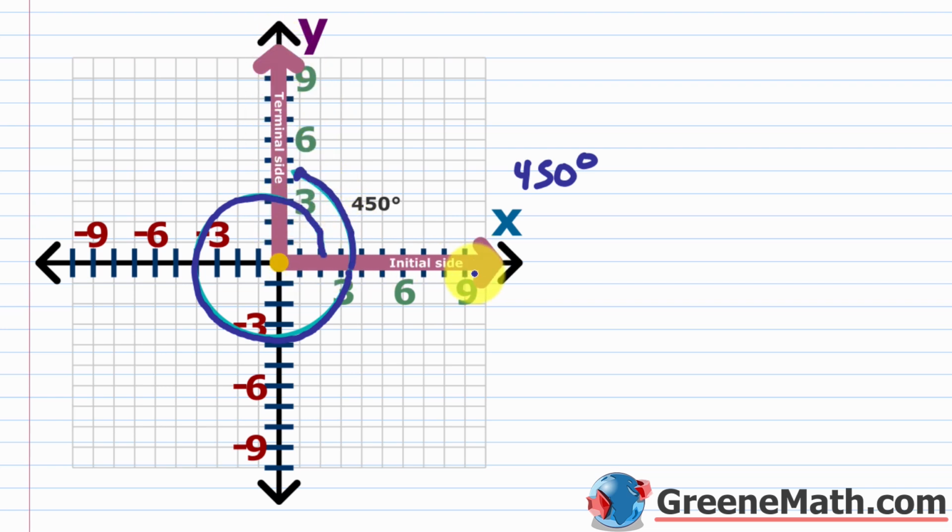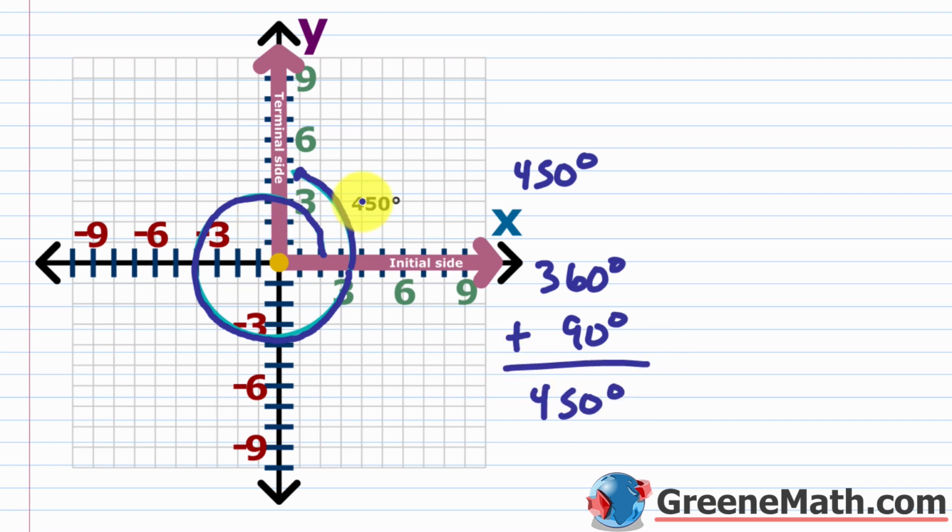You'll notice how this looks like a right angle, or a 90-degree angle, but we show here that we made one full rotation plus another 90 degrees. So to get this 450 degrees, we take the 360-degree angle from one complete rotation and add 90 degrees. We know from here to here is 90 degrees because this is a right angle. We add those two amounts together and we get 450 degrees. So that's where this guy comes from.